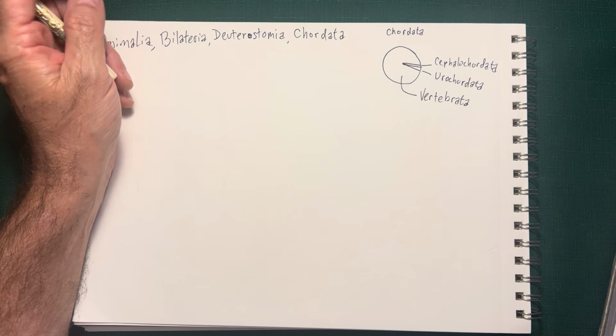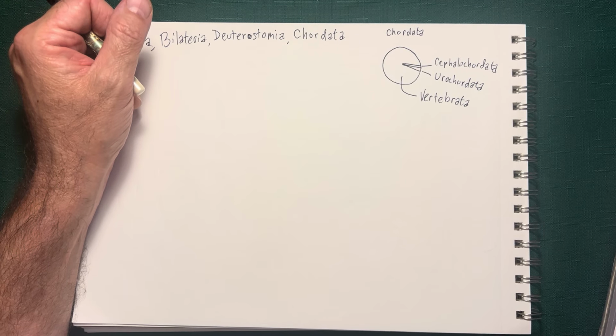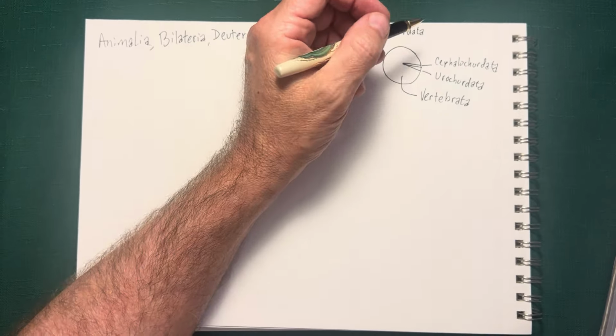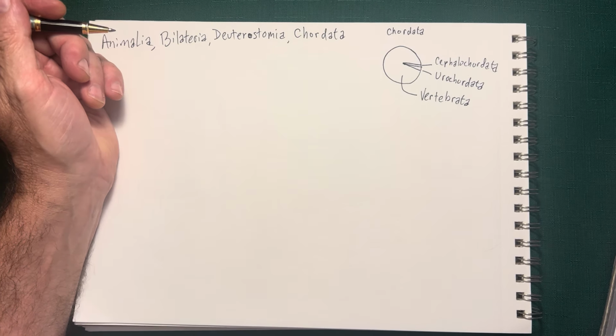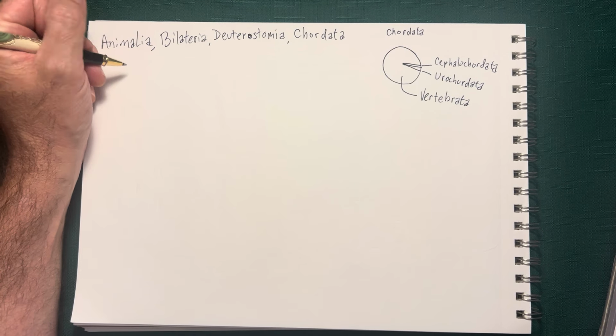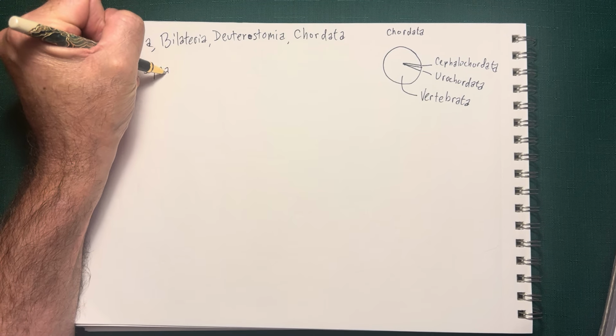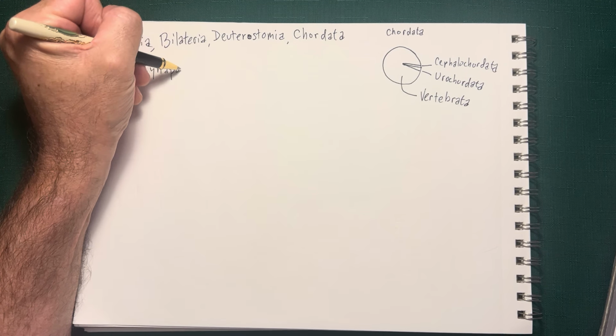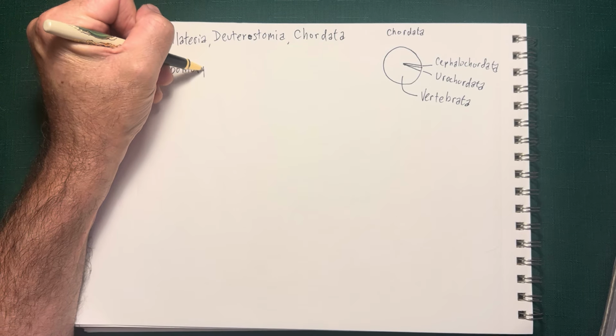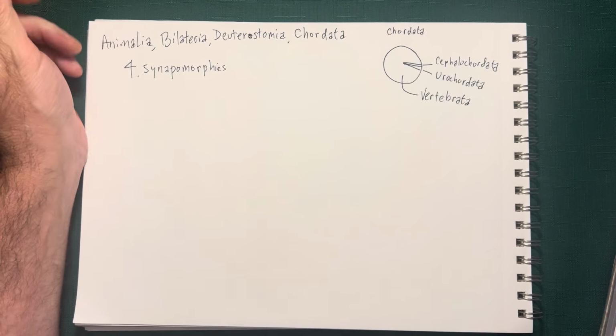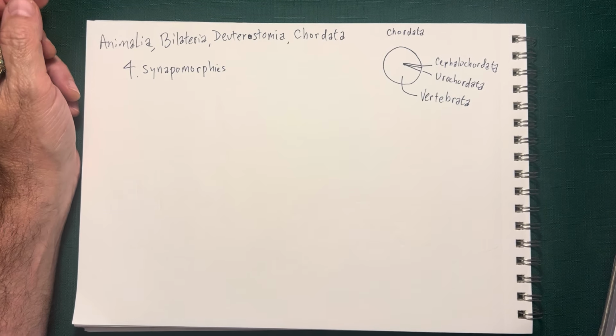So the vast majority of chordates are vertebrates, but there are these two invertebrate subphyla within the Chordata. And in order to be a chordate, we are looking at 4 synapomorphies shared by all members of Chordata.